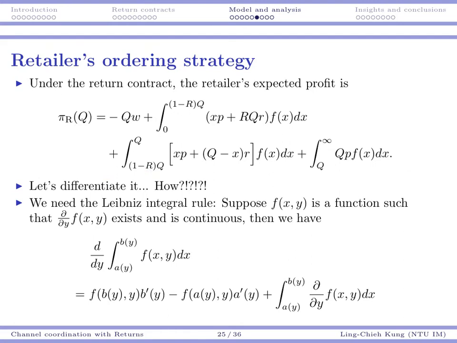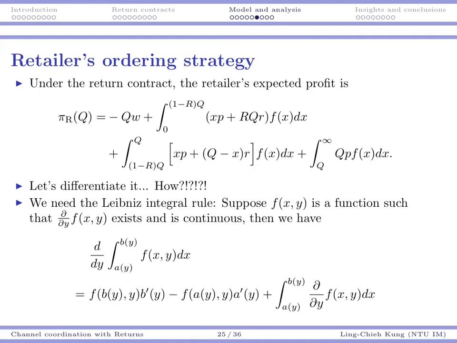So in order to find the optimal decision, the retailer must differentiate his profit function with respect to capital Q. So this takes some mathematical training. We need to apply the Leibniz integral rule. Okay, actually you have used that when you are dealing with the very basic newsvendor problem.